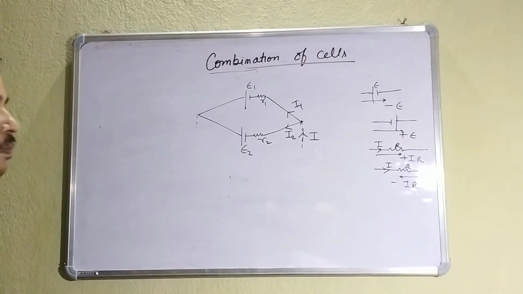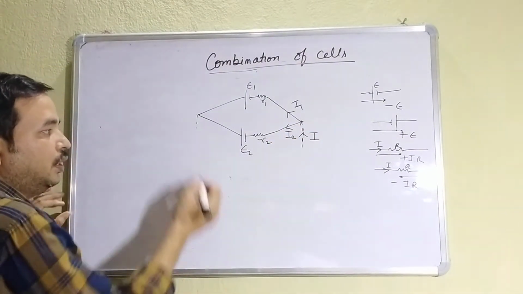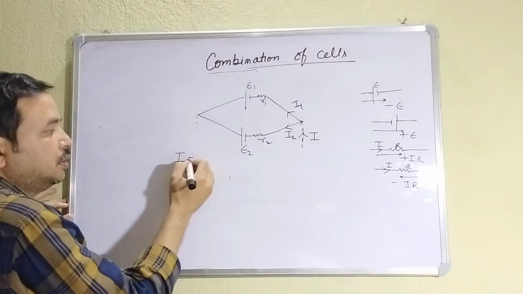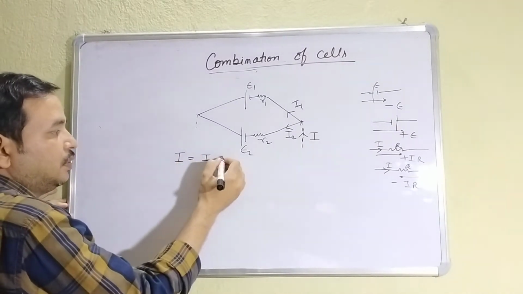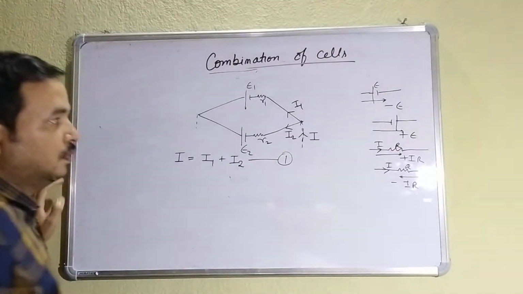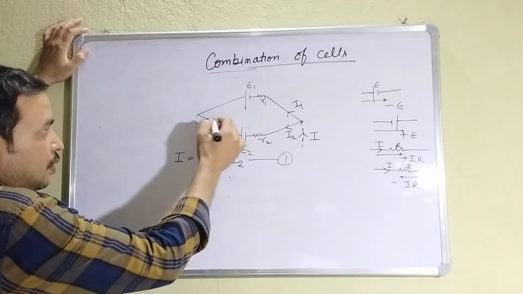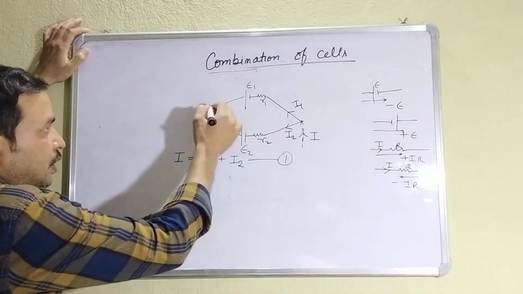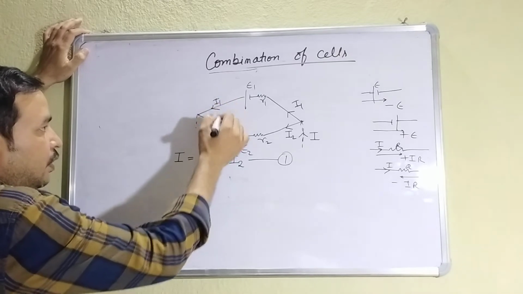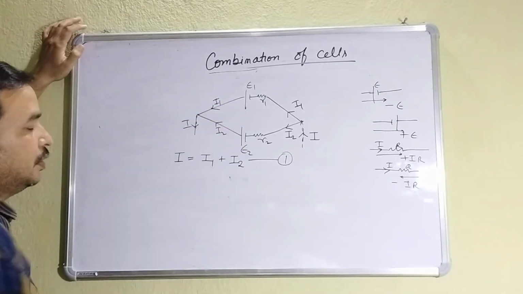Now applying the junction rule here at this point, what equation are you writing? Total current entering is equal to total current leaving. This is equation 1. Now this I2 current will come here at this junction, this I1 current will come here, I1, I2, and again they will combine and become I.